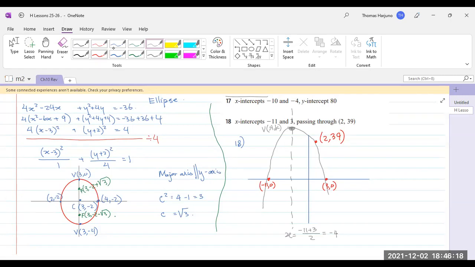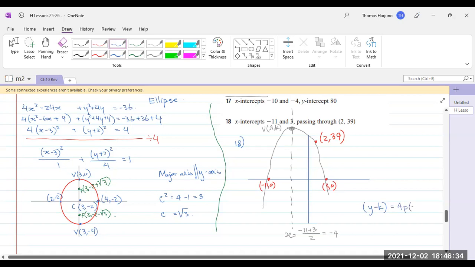So at this point, we know our equation must be y minus k equals 4p times (x + 4) squared. Actually, I should put the 4p here.